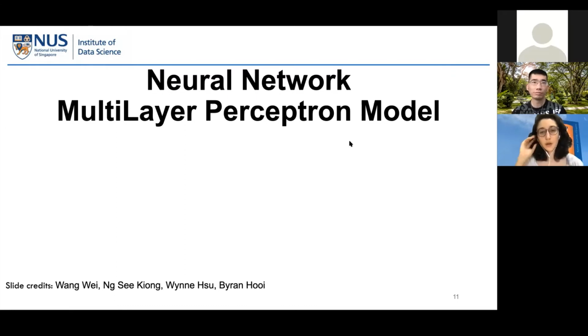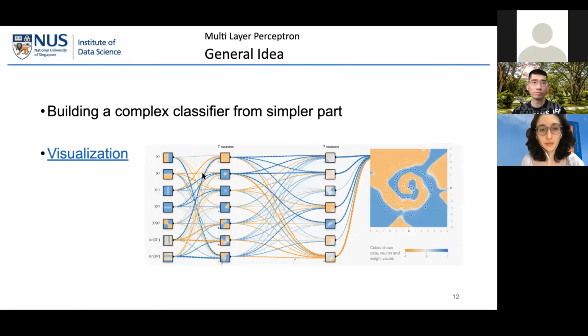Now that we have some insight into the deep learning field, let's talk in more detail about a specific kind of neural network, which is the multi-layer perceptron model, okay? First, I wanted to give you a general idea of the multi-layer perceptron, which is to build a complex classifier from simpler building blocks.